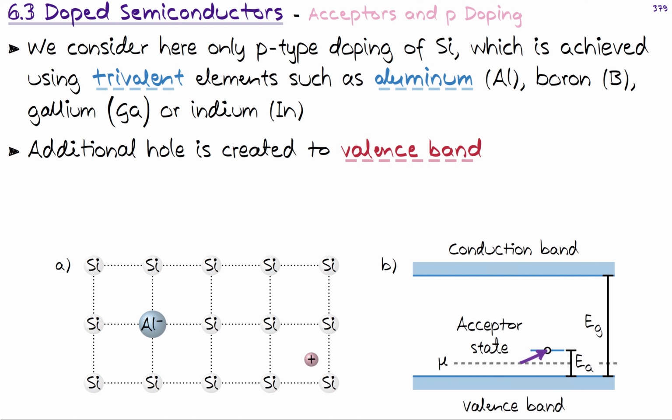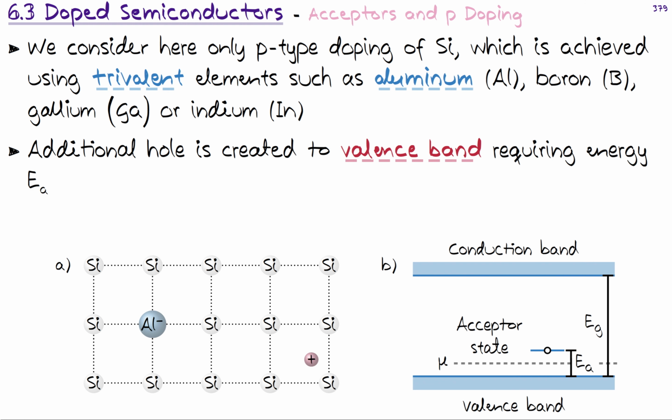On the other hand, the process is analogous to the case where we were considering a donor state, and there the electron was actually being ionized into the conduction band. So let me call this process an effective ionization.